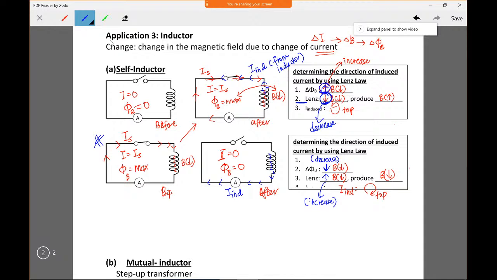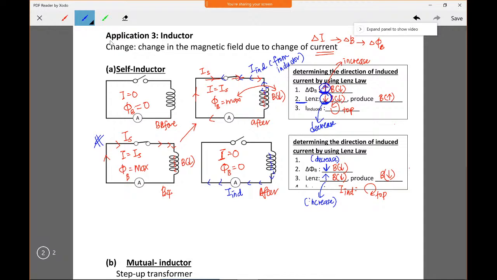So the application of Lenz's law, in order to determine the direction of induced current, is a compulsory question in your final. You might think, why am I using so much time to keep going through the example with you?